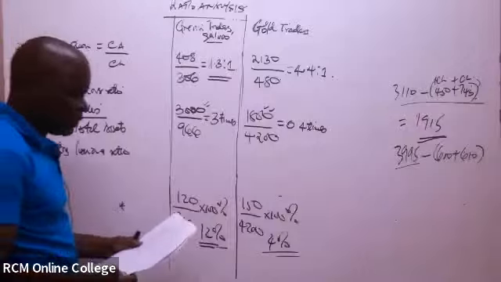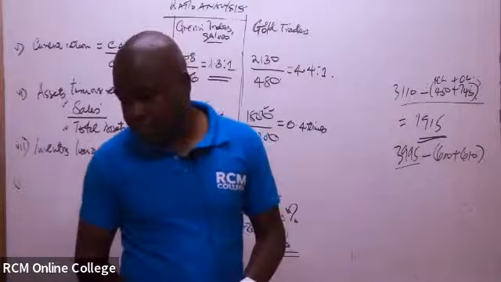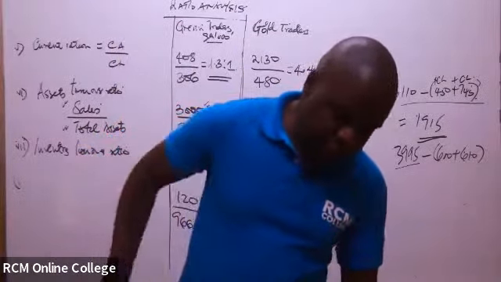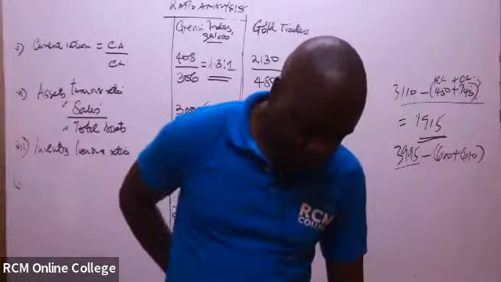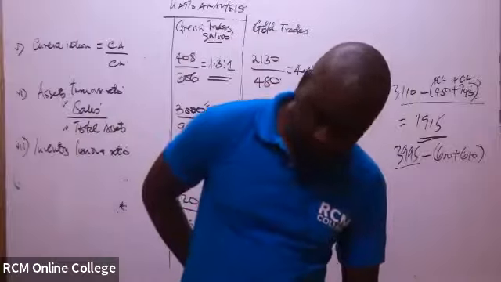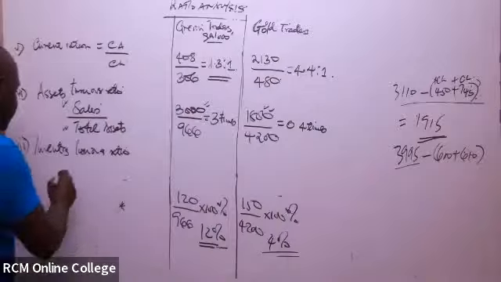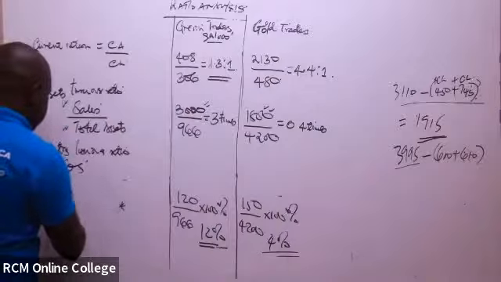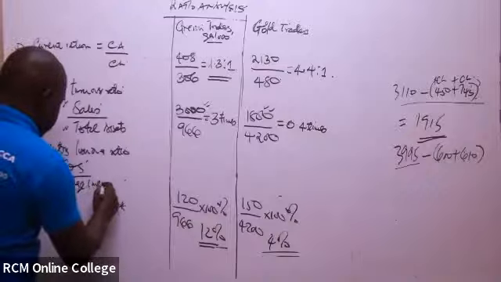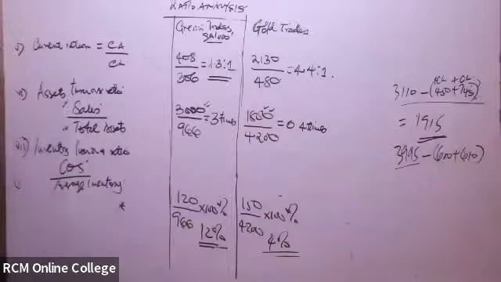Inventory turnover ratio, the formula: cost of sales over the average inventory.